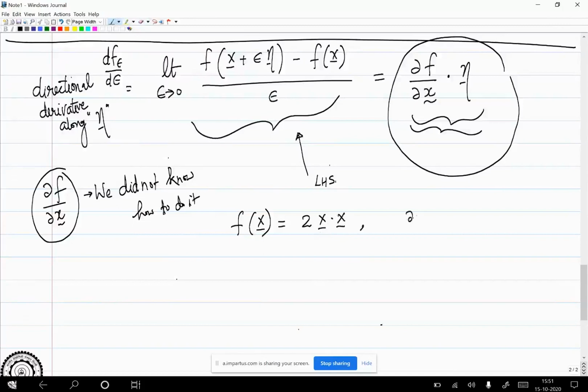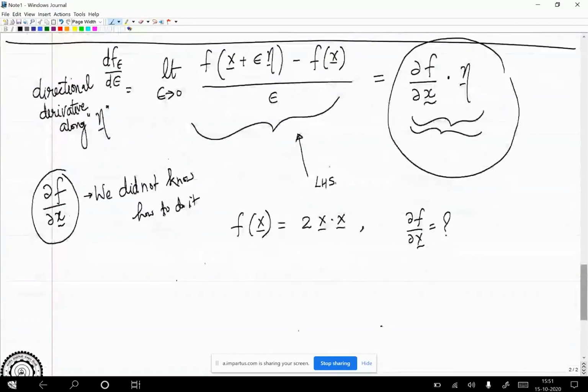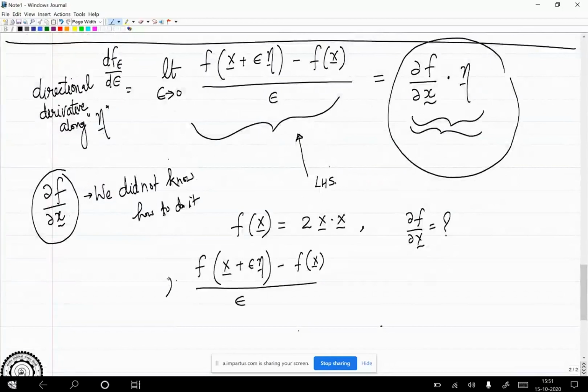Now I want to know what is del f by del x. As I said above, this is what I have to do. I will first evaluate f of x plus epsilon eta minus f of x, then divide by epsilon and take the limit epsilon going to 0. And I can do it perfectly because here the numerator is a scalar and the denominator is also a scalar, so we know everything.